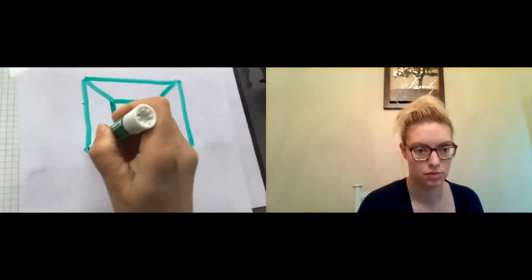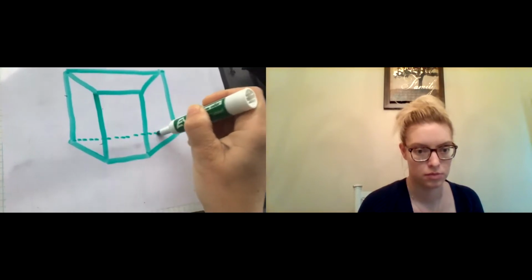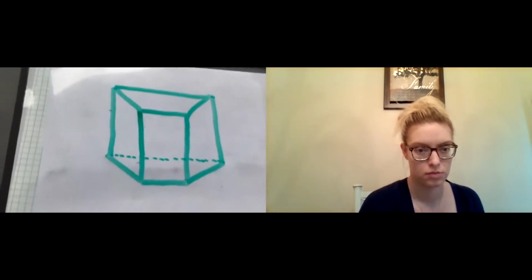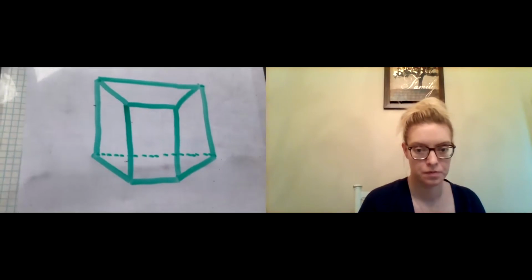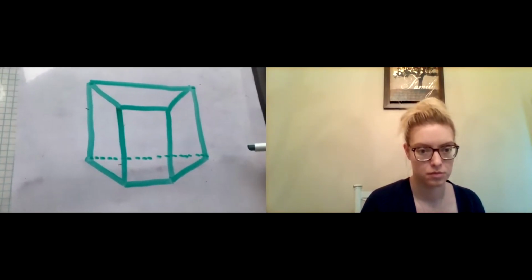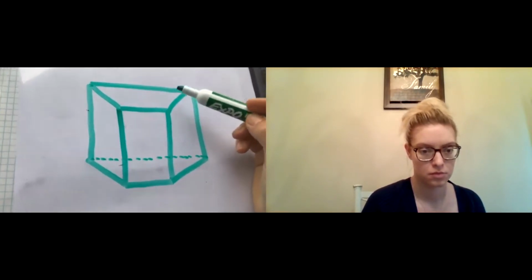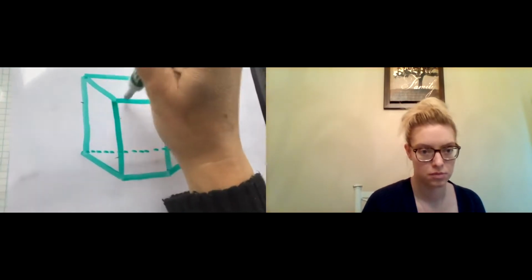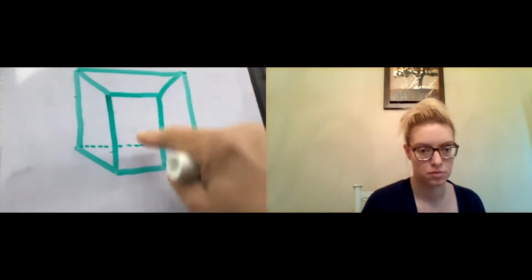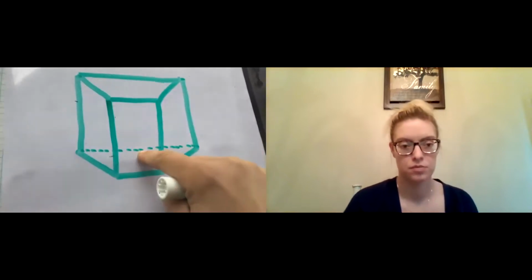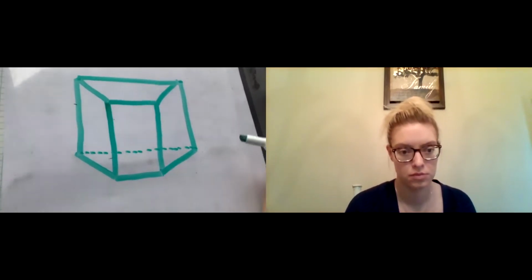Okay, and then with the dotted line, I'm going to show you what you would not be able to see. So this is a three-dimensional figure. If I wanted to name it, I see that it has two identical bases, so this is going to be a prism.